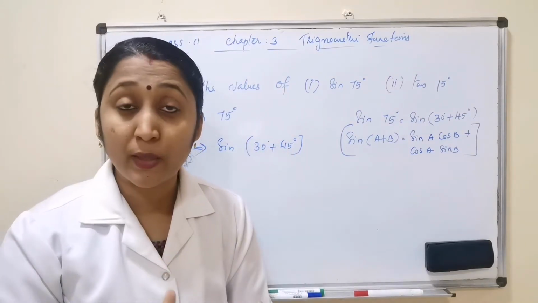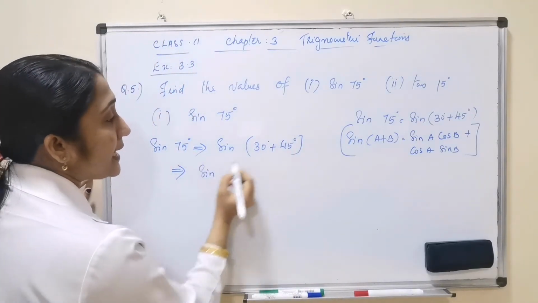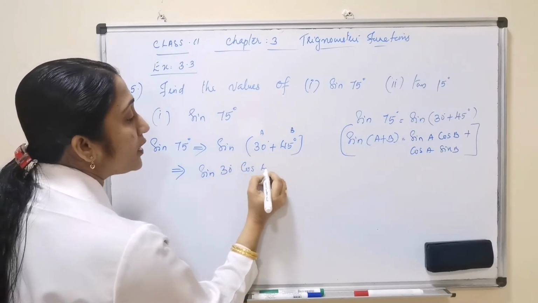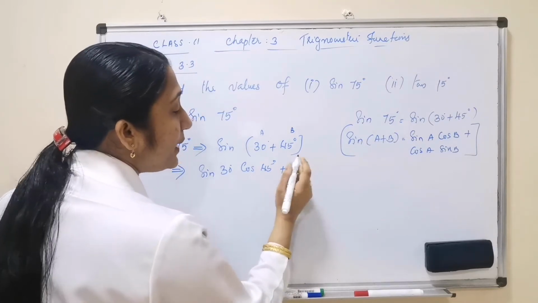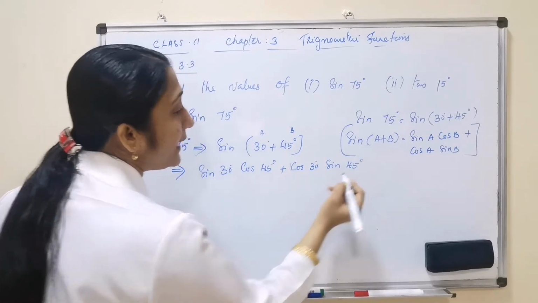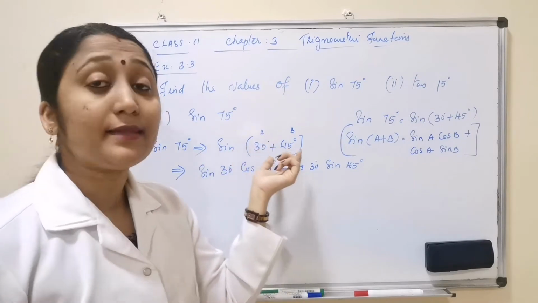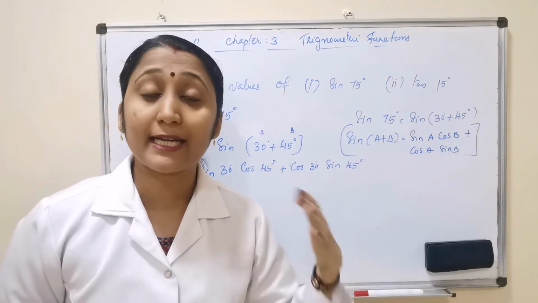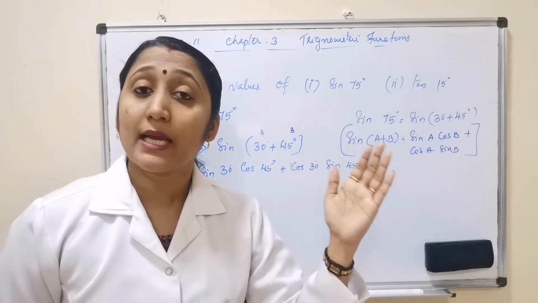The formula becomes sine a cos b plus cos a sine b, where this is a and this is b. So sine 30 cos 45 plus cos 30 sine 45.